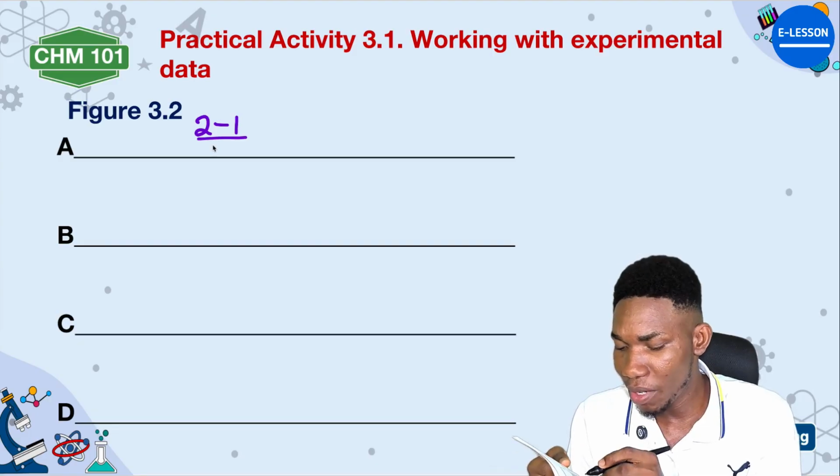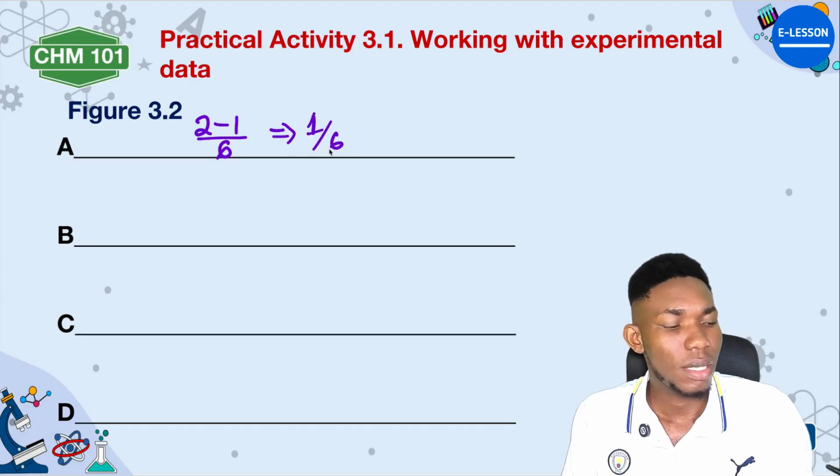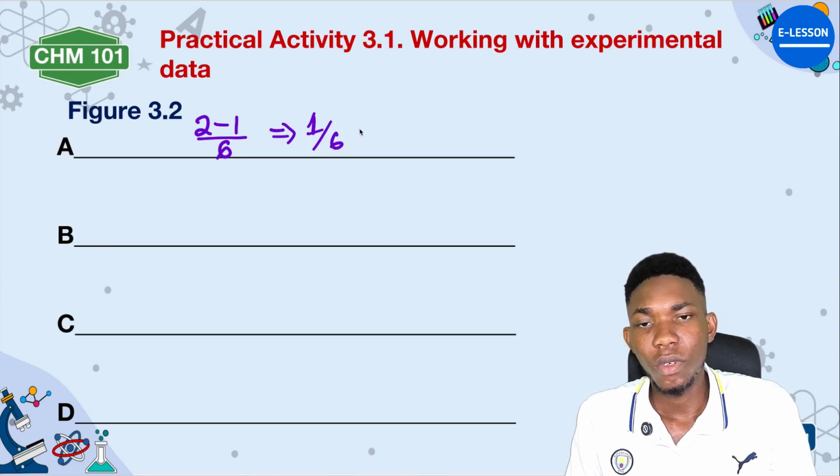If you look at your manual very well and count, you will get 6: 1, 2, 3, 4, 5, 6, although it's not too clear. So this is divided by 6. 2 minus 1 will give us how many, my dear student? 1 divided by 6. And 1 divided by 6 will give us what?